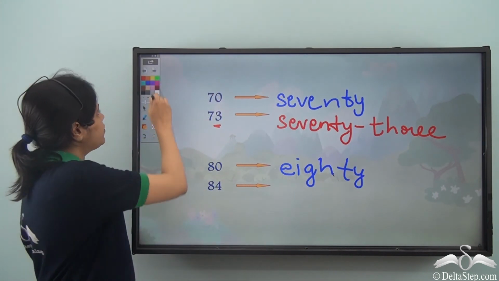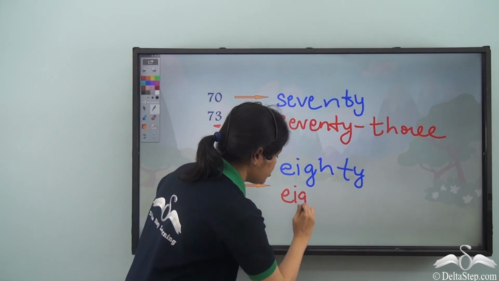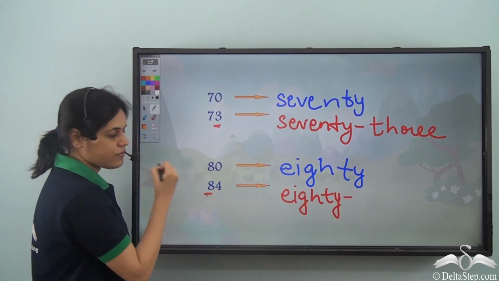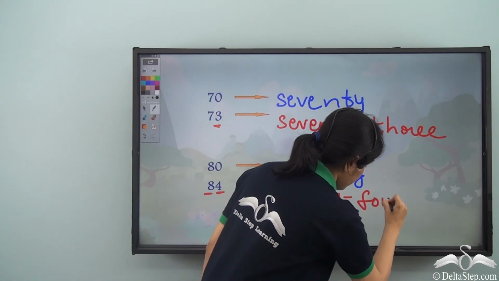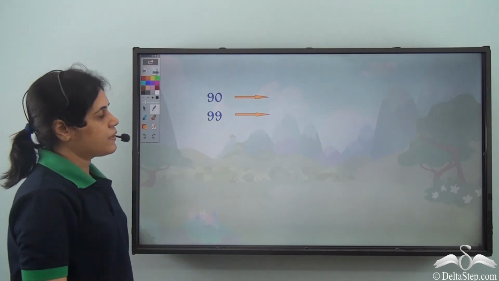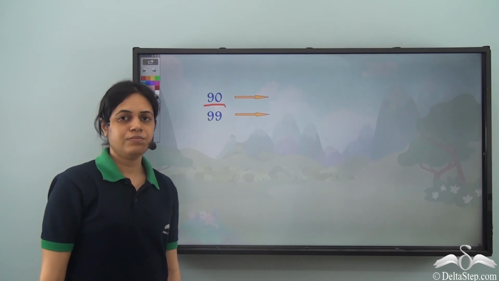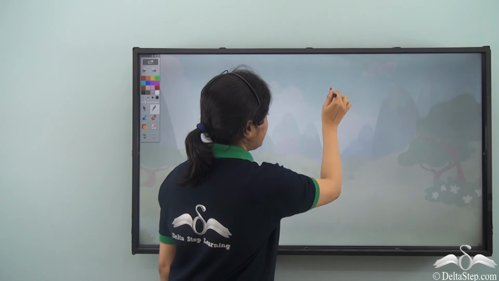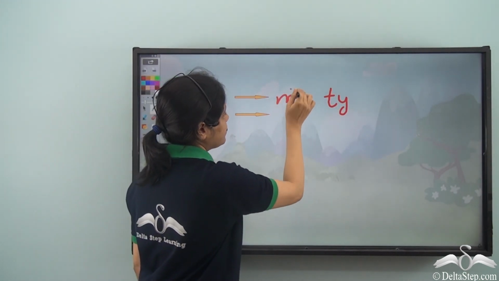EIGHTY. And what about this number? EIGHTY, 80 for the first place and 4 for the second place. Now can you guess the number name of this number? Well, since we have 9 and 0, we will have TY and 9.